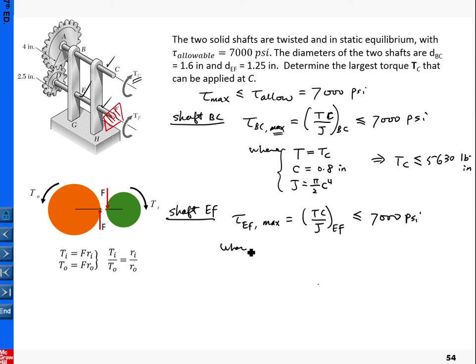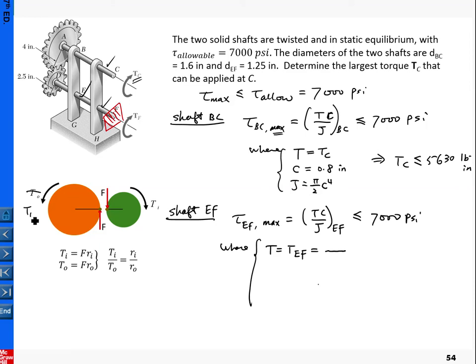So here we can check T in shaft EF, so T equals the torsion in shaft EF. And again here I have this formula to remind you; for this case, let me translate it here.